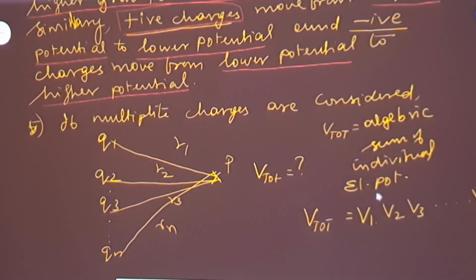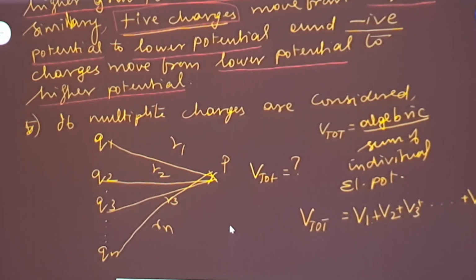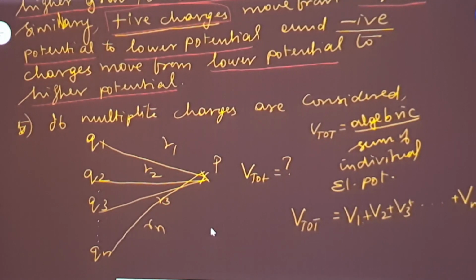For all these potentials we have to consider an algebraic sum. If it is positive, add it; if it is negative, subtract it. If all are positive, then V1 plus V2 plus V3 and so on up to Vn.